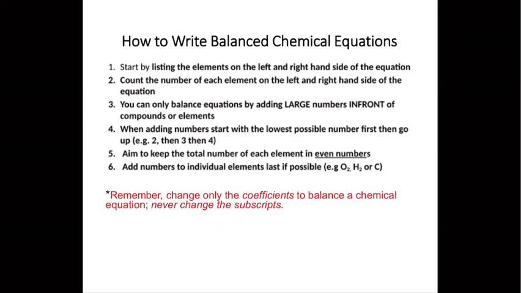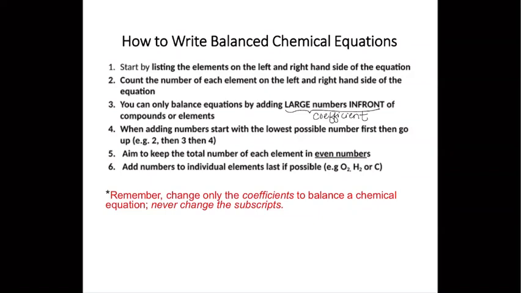But it needs to be large numbers, which is what we call a coefficient. These large numbers in front, this is what we call the coefficient. Now, when you're adding the numbers, start with the lowest possible number, okay?